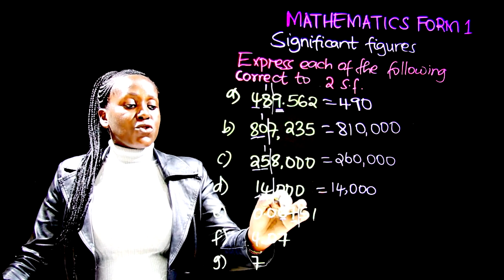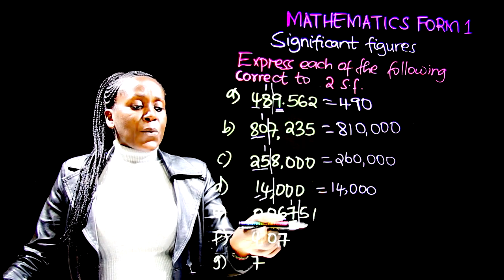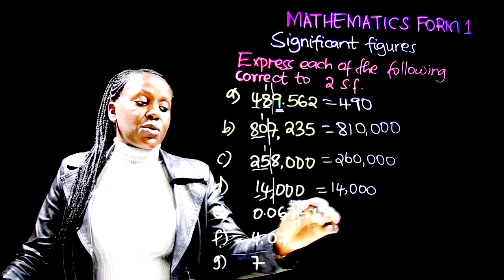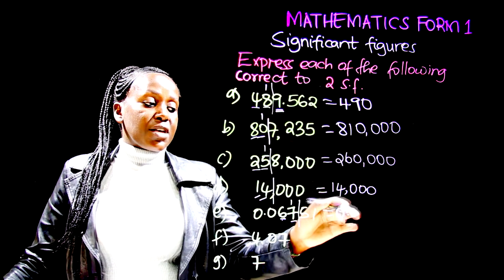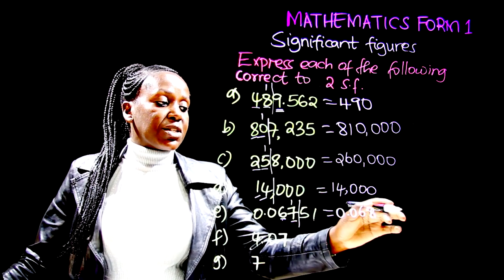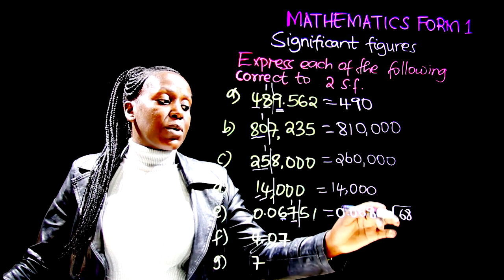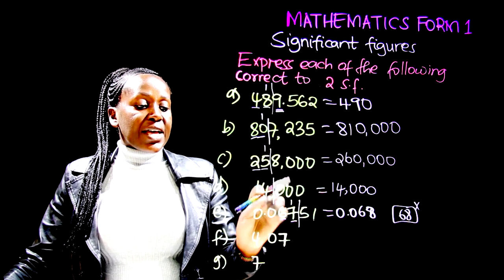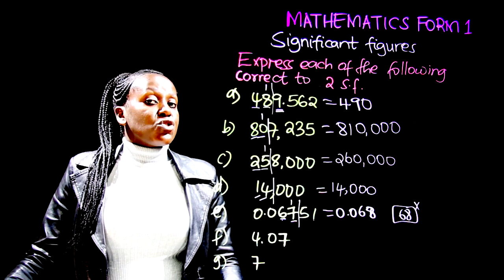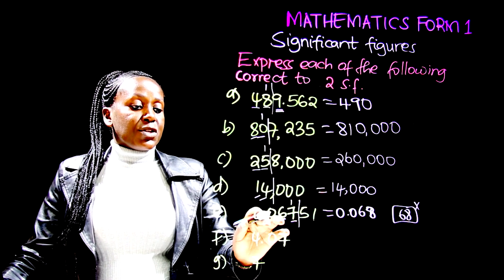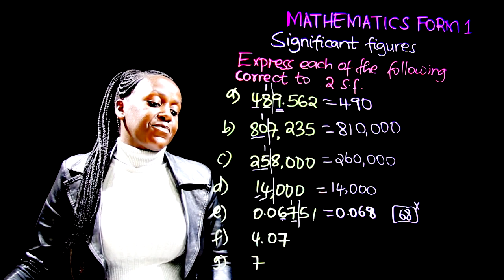This is 5, so we add 1 here. Since we didn't count the 2 zeros, we must still include them in the answer, because if we just write 68, we will have changed the value of the number. So the 2 zeros here are present to maintain the value of the number. So this becomes 0.068.